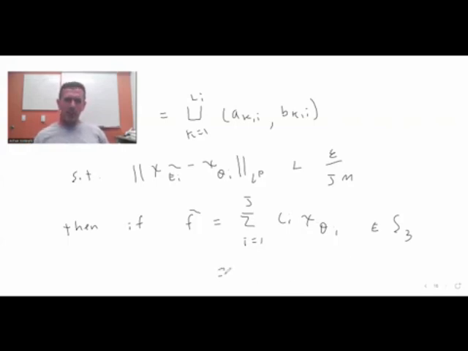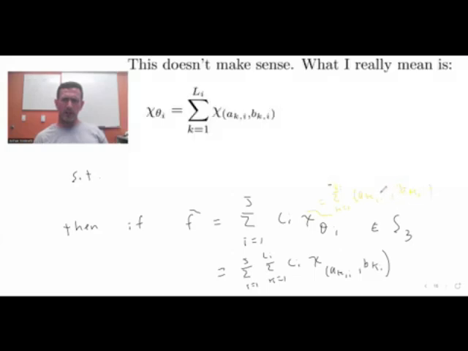Explicitly, you can write this, a little silly, but maybe to make it clearer, as the sum k equals 1 to L_i of c_i times the characteristic function of the interval (a_ki, b_ki), simply because this is disjoint. A lot of commas here, but you get the point.